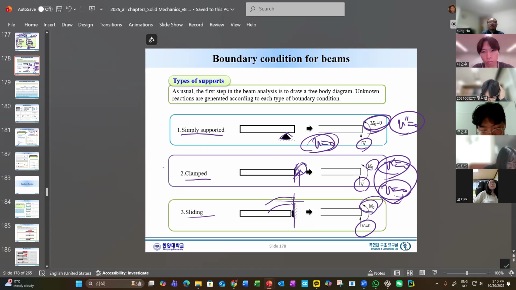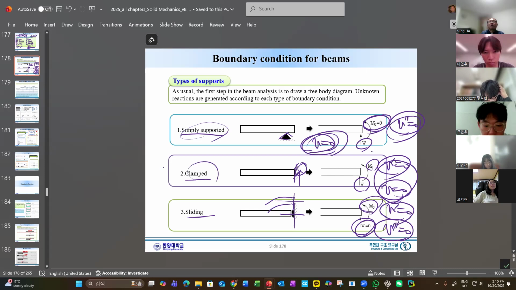As you can see, the slope does not change. So V prime equals 0, and the shear force is 0, so V triple prime equals 0. So as you can see, simple support is this, clamped is this, and sliding is this.